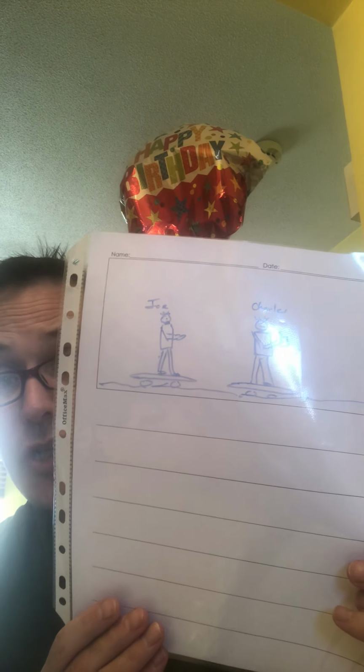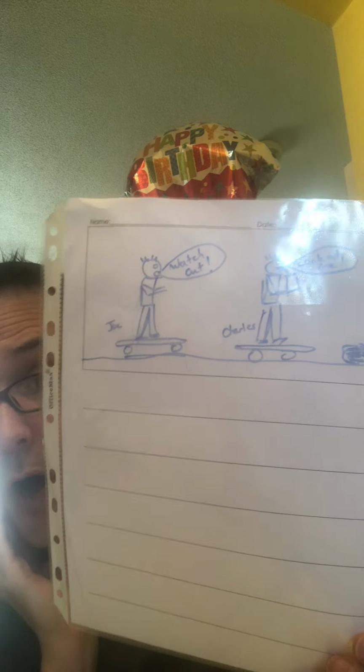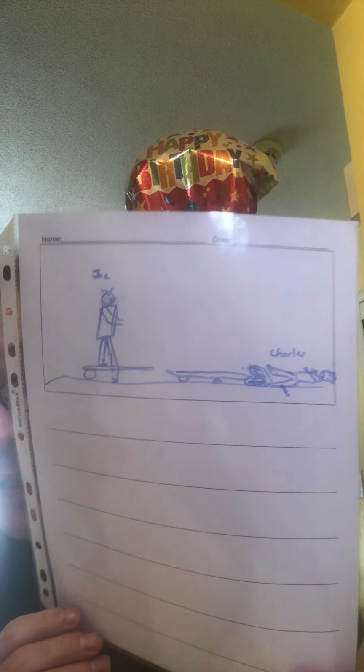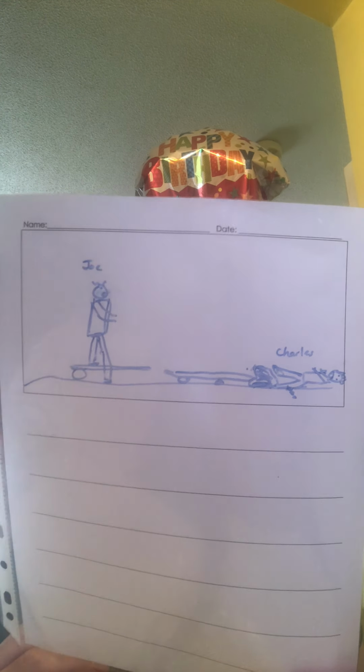Okay? So after I tell it across my fingers, I sketched it out. So I have Joe and Charles riding their skateboards. They're at Joe's house. And then Charles is showing off to Joe. And then Charles falls down because he doesn't see the rock there in front of him.